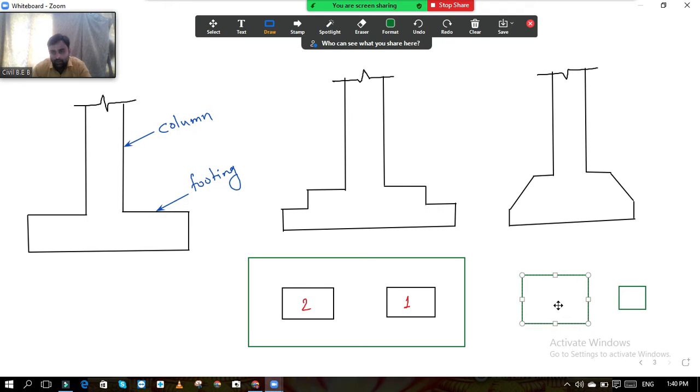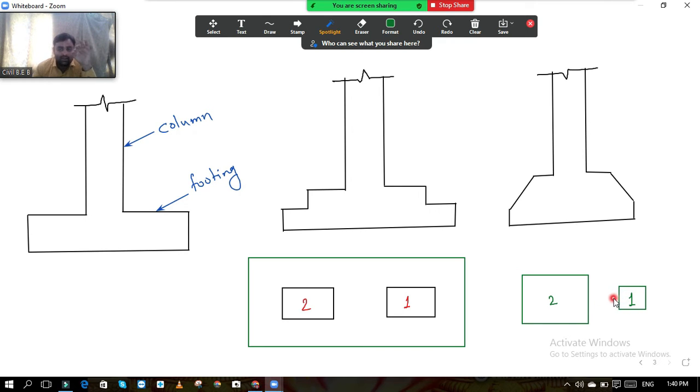This is my column number 1, this is column number 2. Naturally the load transferred by column number 1 is less as compared to the load transferred by column number 2. So column number 2 will transfer a huge load, and also the space between these two columns is less, so we cannot provide an individual or isolated footing for each column. That is the problem, we can't go for the isolated footing.